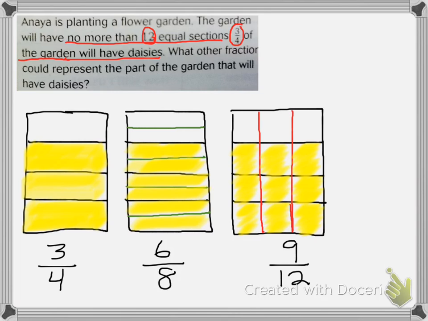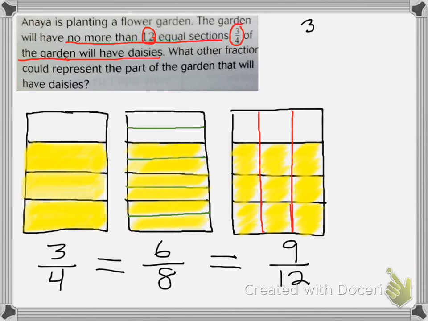So 6 eighths is equivalent to 3/4. And in the third one, there's 12 sections because every fourth was cut into 3 smaller pieces. And 3/4 is equivalent to 9/12.